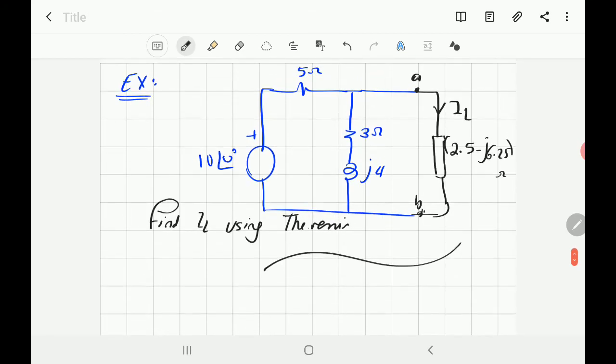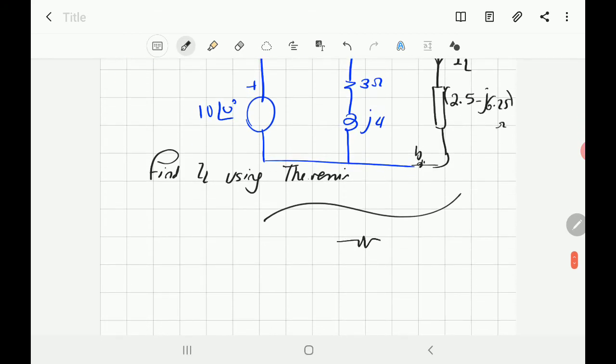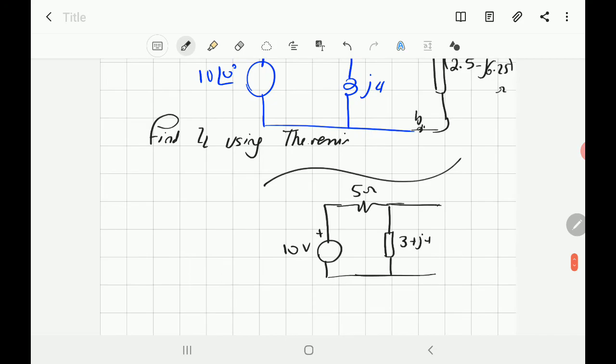So I will sketch again the circuit to find the voltage. That's 5 ohm, and you got here an impedance 3 plus j4, and the voltage source 10 volt on angle 0, and you want to find the voltage across AB. It's very simple. The voltage across AB is like the voltage across this Z, 3 plus j4, using the voltage divider theorem.